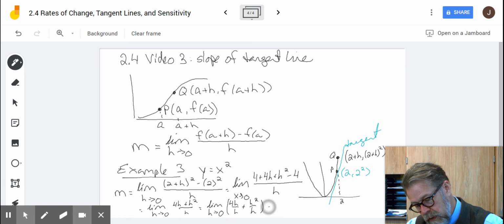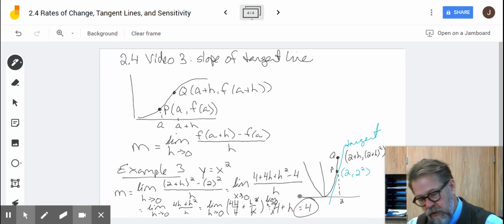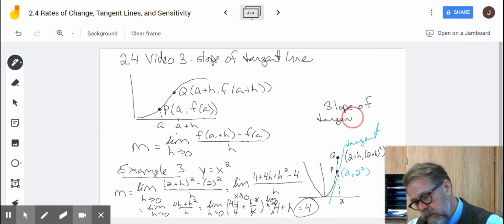And of course, my limit properties say that I can just take the limit of the first one, which is 4, plus the limit of the second one, which is h. Oops, I forgot to write limit as h goes to 0. Sorry about that. But as h goes to 0, this is just equal to 4. So the slope of the tangent of y equals x squared at x equals 2 is 4.